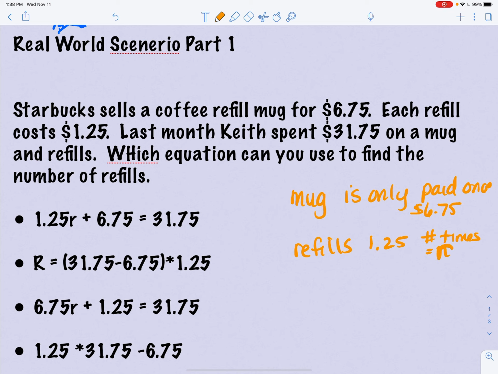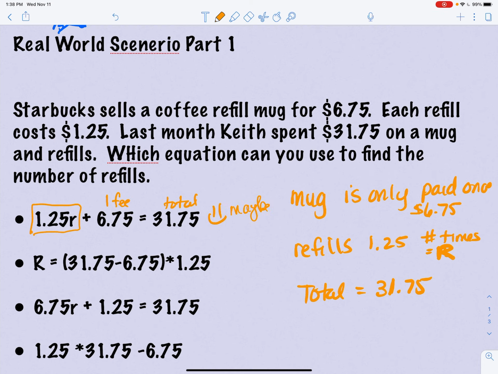Or maybe R, they call it R in this case for refills. But his total bill was $31.75. So if I look at this one, my refills being multiplied by $1.25 plus the one fee for the mug equals the total. So I think this might be right. Maybe.